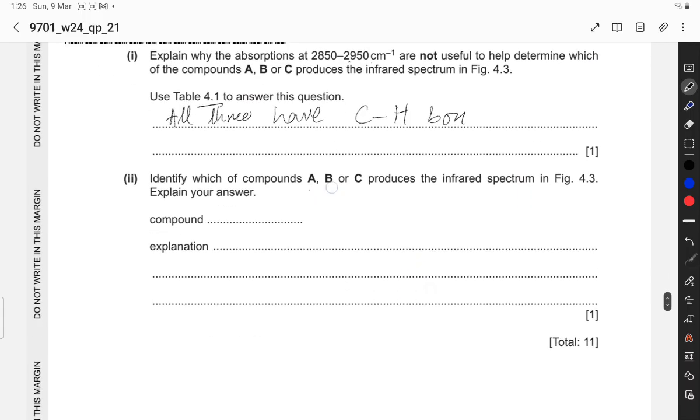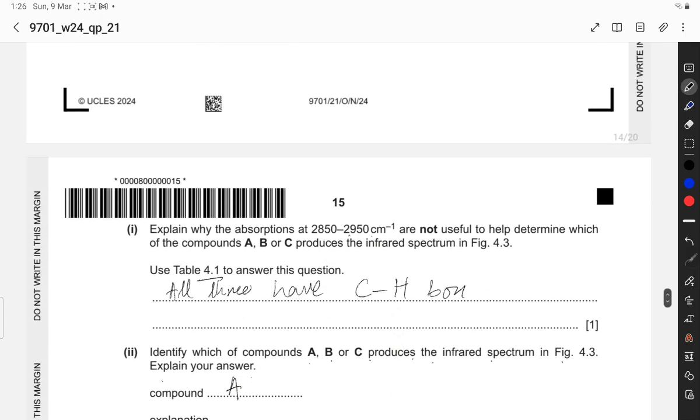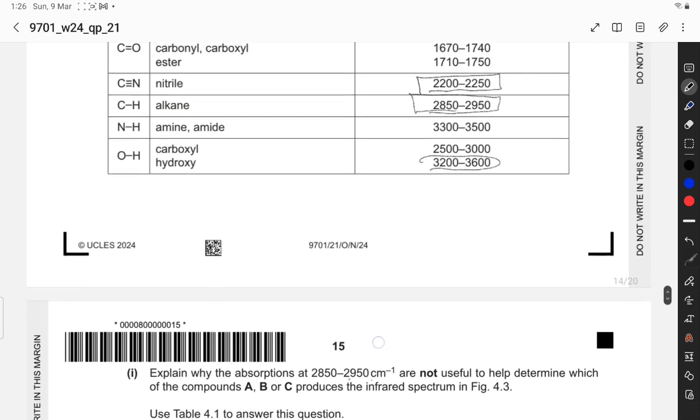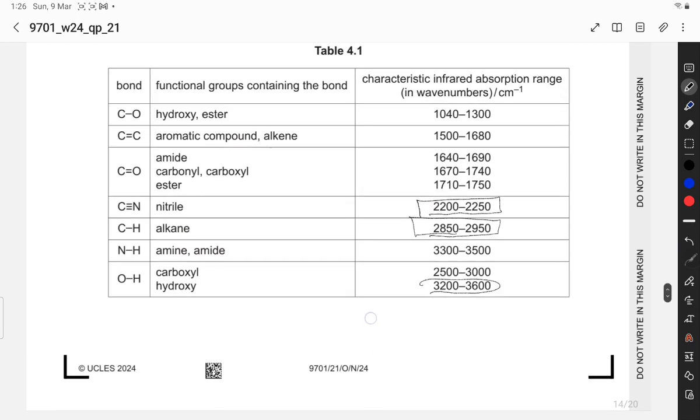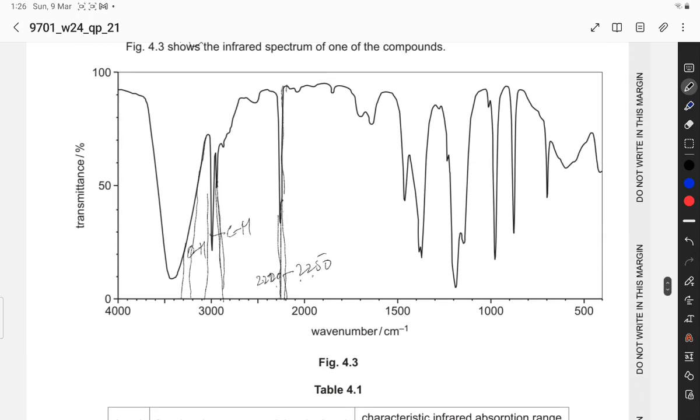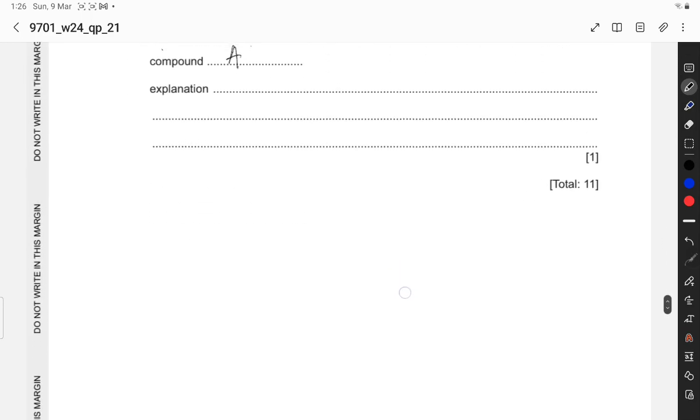Identify which of compounds A, B or C produces the infrared spectrum in figure 4.3. Explain your answer. Compound A, because the nitrile bond has one peak, that is 2200 to 2250.